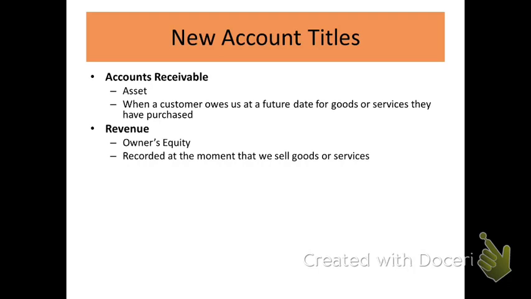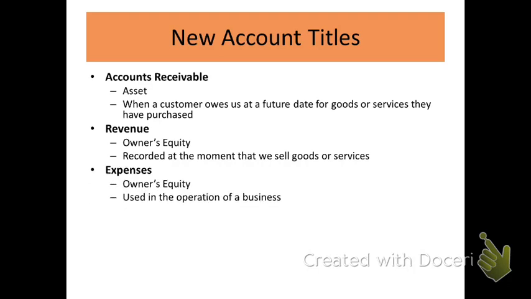When we sell services on account, they're going to pay us at a future date. But if we receive cash for selling services, that means that we receive that cash at that exact moment. In either situation, we have to record that revenue the day we sell the goods or services, whether we're receiving the money that day or a month from that. It needs to be recorded at that moment.